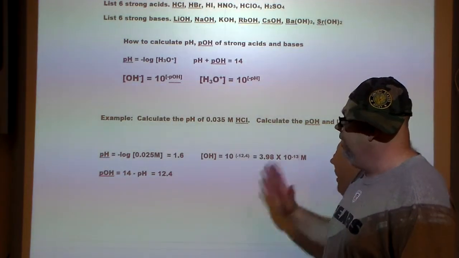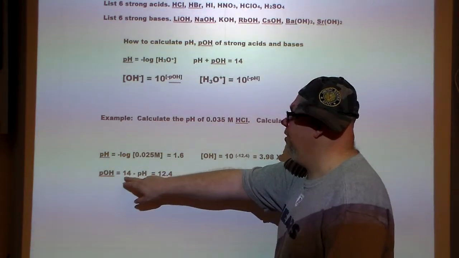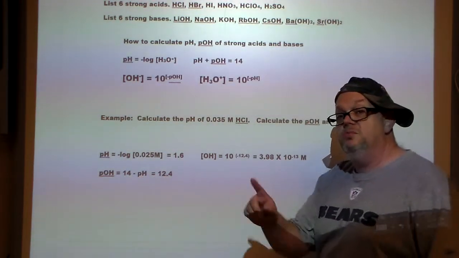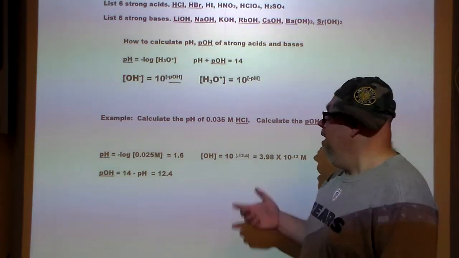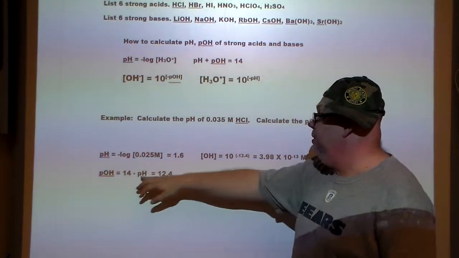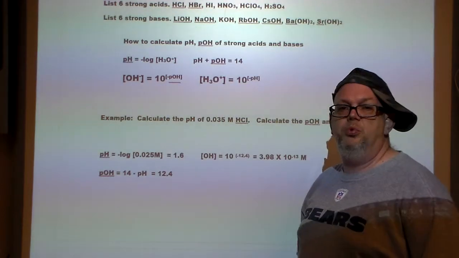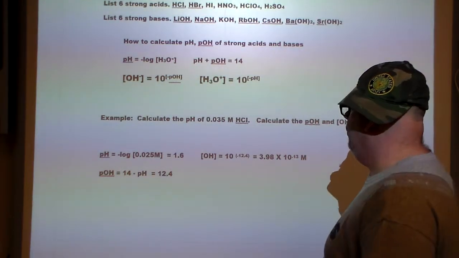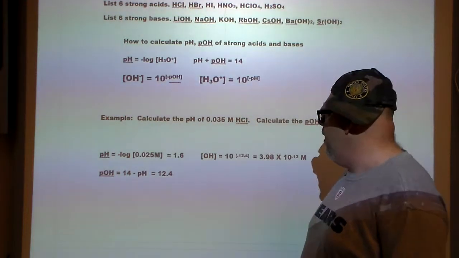Now, we can figure out the pOH because we can take 14 minus the pH, because remember, pH and pOH together equal 14. So 14 minus our pH of 1.6 gets us 12.4. All right, so how do we find the concentration of the OH?